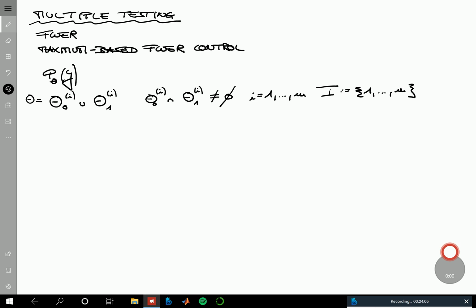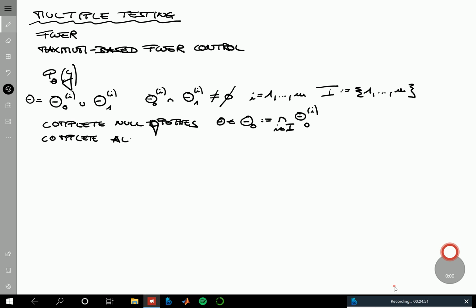Then we introduced the notion of a complete null hypothesis, which corresponds to the idea that the true but unknown parameter is an element of this complete null hypothesis, which we discussed corresponds to the intersection of all null hypotheses, and we introduced the complete alternative hypothesis, which corresponds to the case that the parameter is an element of this big theta 1, which is the intersection of all alternative hypotheses.